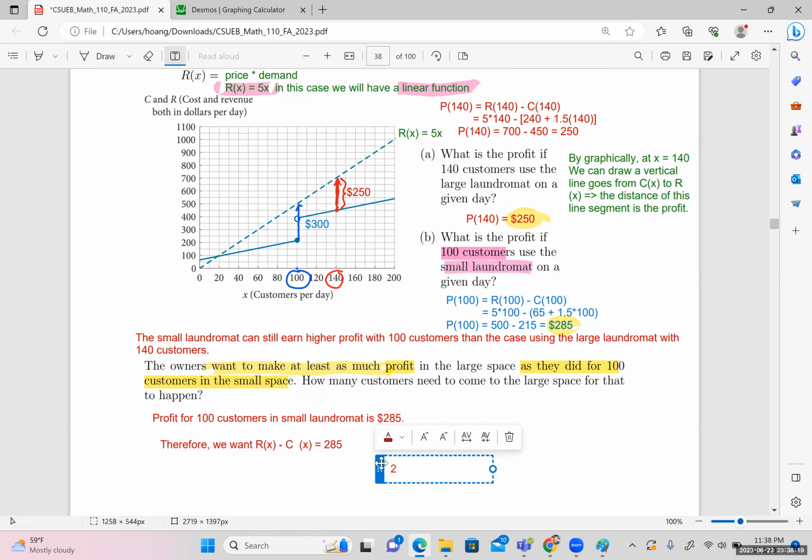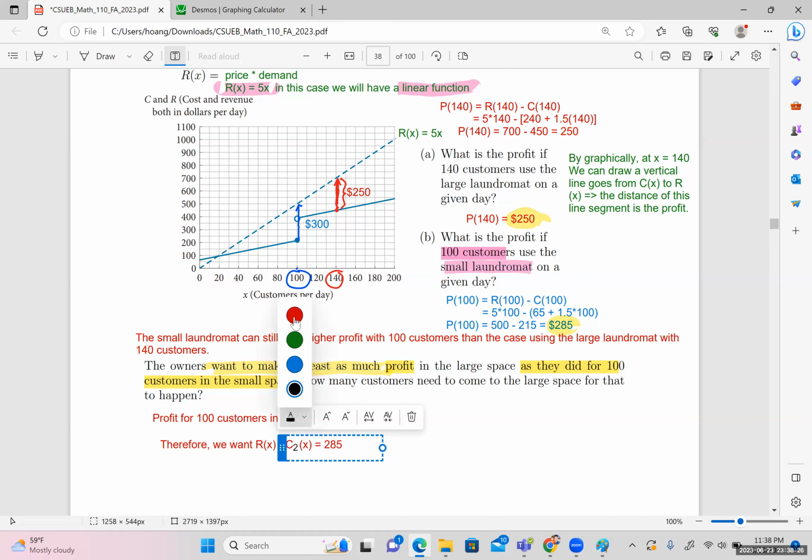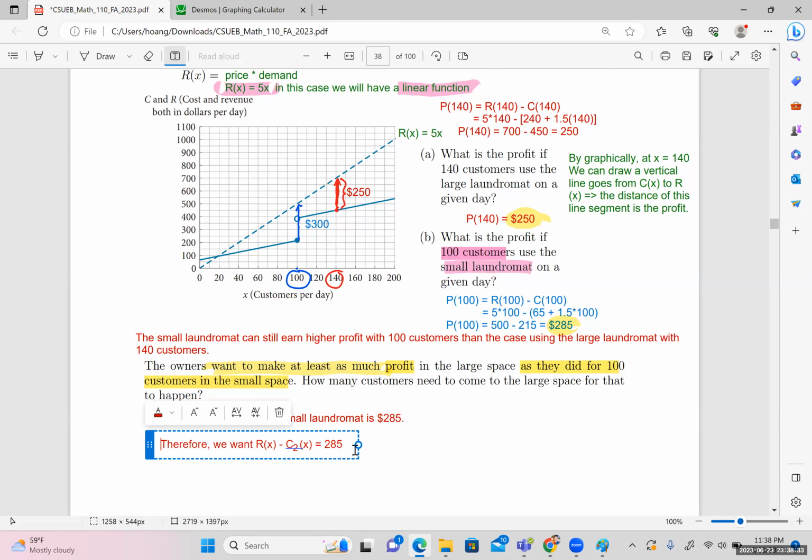So I will go ahead and substitute this. Revenue is 5x, and then minus the cost function in the larger laundromat, which is 240 plus 1.5x, equal to 285.